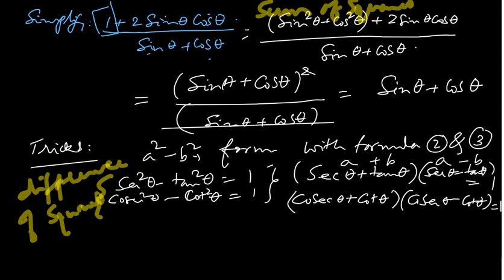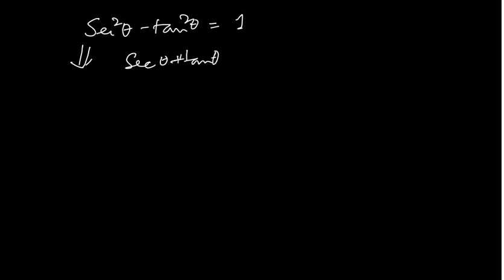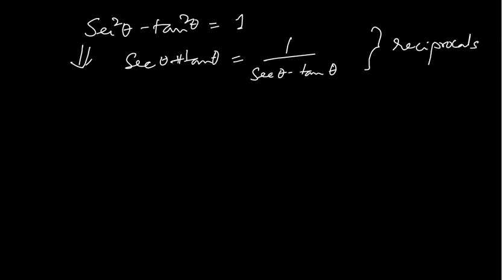So what this gives is, if I have secant square theta minus tan square theta, of course you can write this as 1. This also gives me that secant theta plus tan theta and secant theta minus tan theta are reciprocals. The sum and the difference are reciprocal to each other.